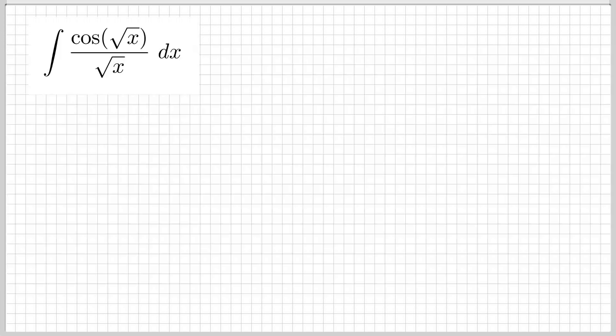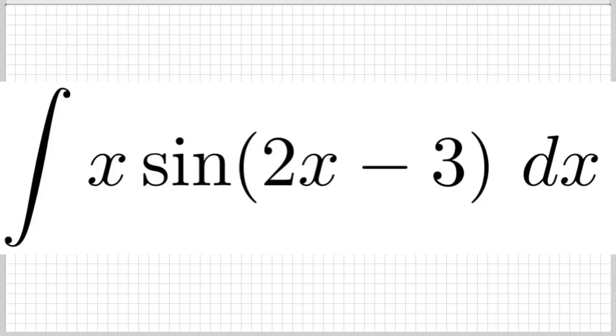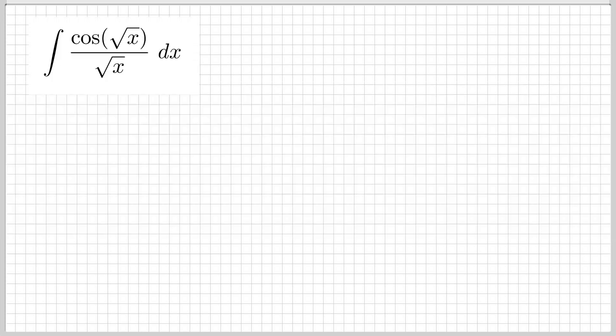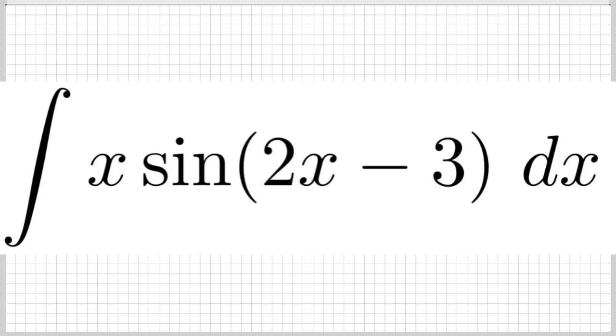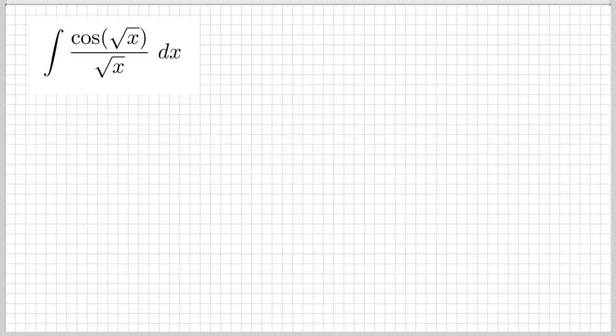So cosine of the square root of x over the square root of x. We have a function on the inside, so this is going to be a u-sub problem. We're going to let u equal the square root of x.